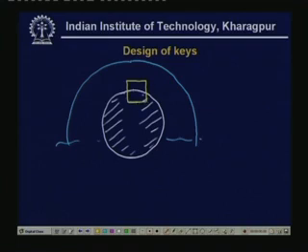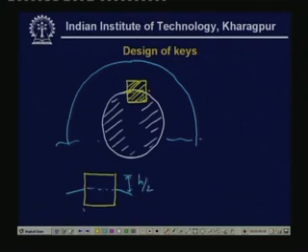Now, this is the key, and this height is the geometry of the key. This height is h by 2 and this is w. Now, w is sometimes taken to be almost equal to d by 4, where d is the diameter of the inner shaft. So, this is the rough estimate of w.